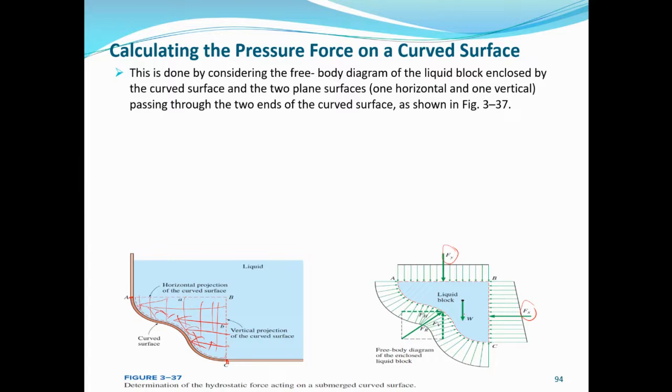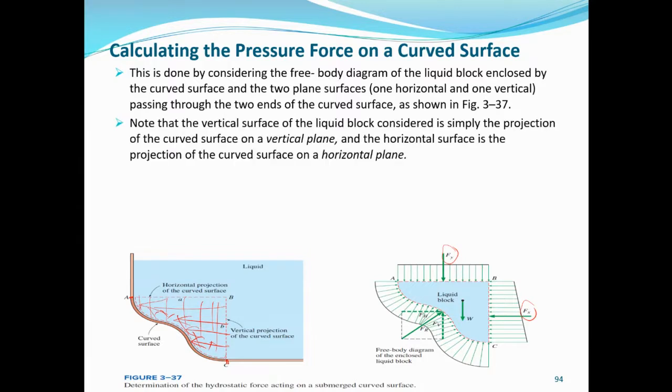Okay, so this is counterbalanced because according to Newton's third law, action and reaction are equal and opposite. So the vertical surface of the block considered is simply the projection of the curved surface on a vertical plane, and the horizontal surface is the projection of the curved surface on a horizontal plane.